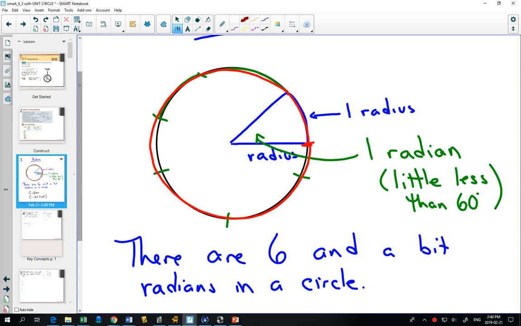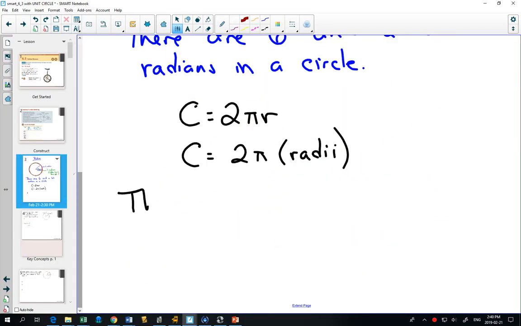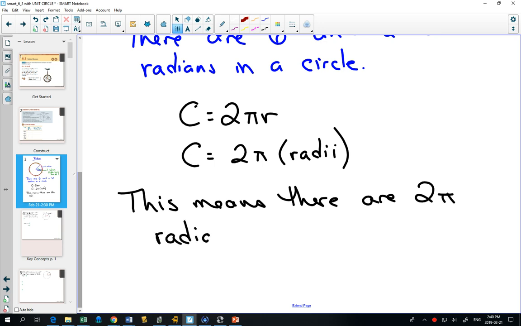If there are 2 pi radiuses around the edge of the circle, and every time we have a radius around the edge of the circle, we have 1 radian, does it make sense that there would be 2 pi radians in one circle?